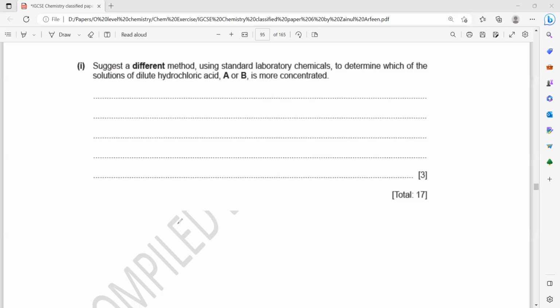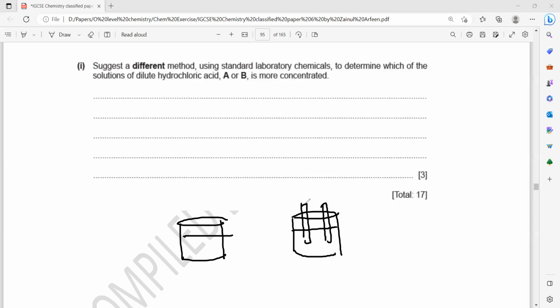I will take an equal amount of the two solutions and check current and voltage, and check the brightness of the lamp. The voltage we are applying is the same because it's an electrolytic cell. So in the electrolytic cell, we have the battery, we use the same battery, and we observe the brightness of the lamp.